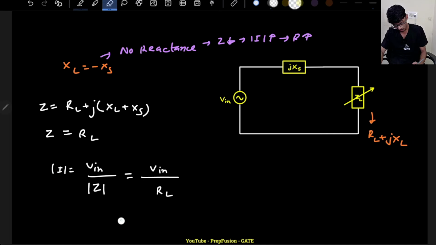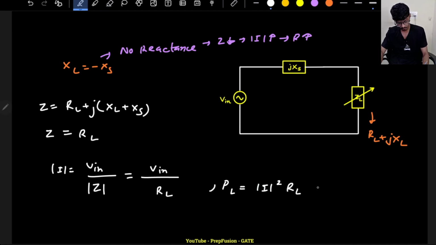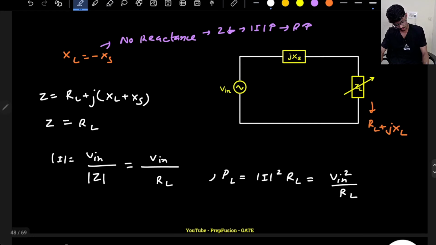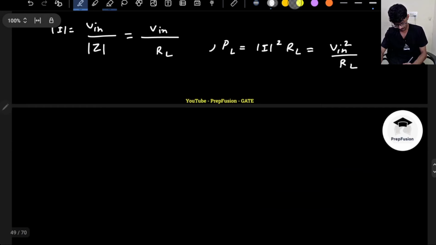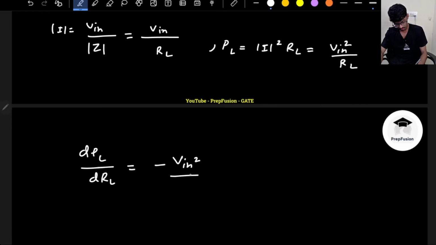So now what is the power expression? Power expression is magnitude of I whole square into RL. So this will be equal to V in square by RL. Now if I differentiate this with respect to RL, dPL by dRL, it will be minus V in square divided by RL whole square, and I have to equate this with 0.